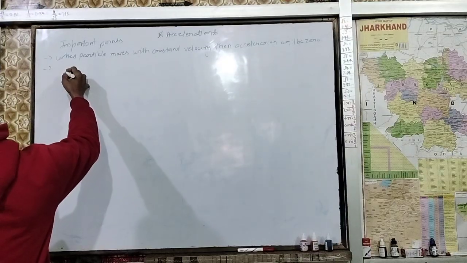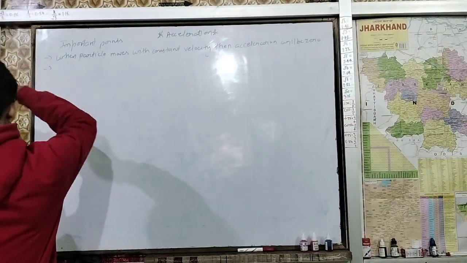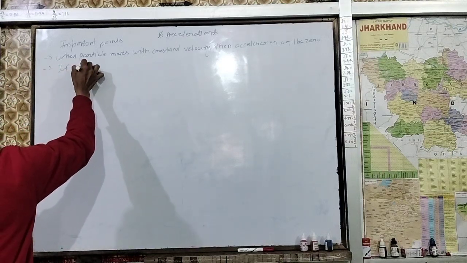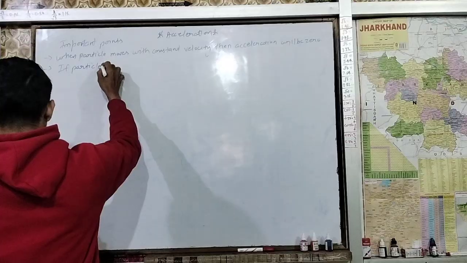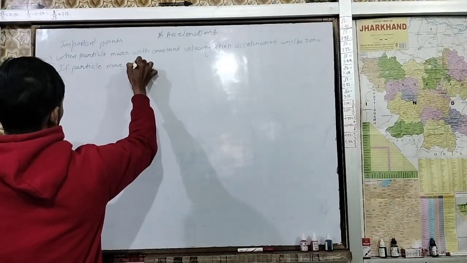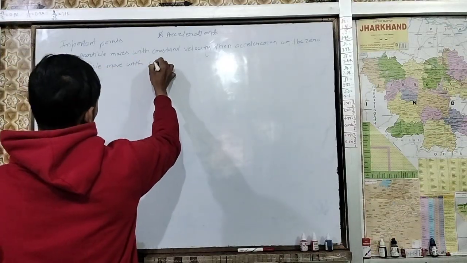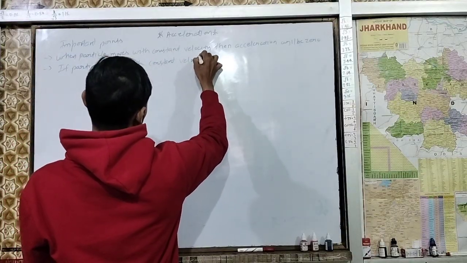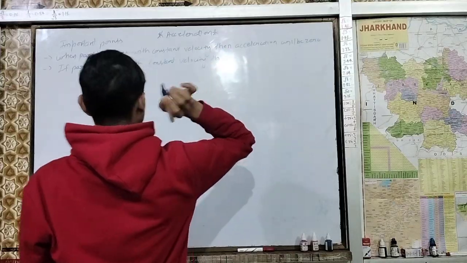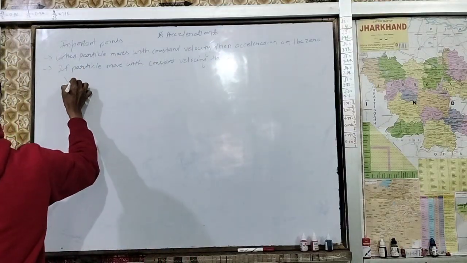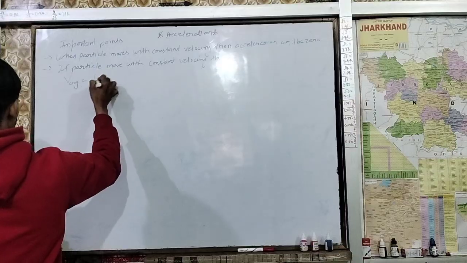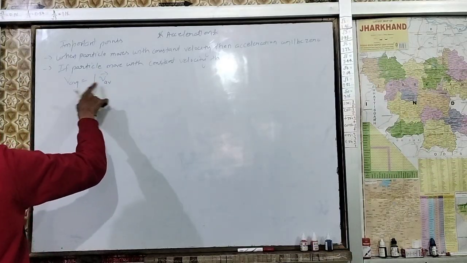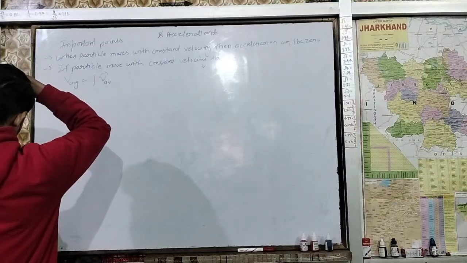Next we have, if a particle moves with a constant velocity, then speed will be equal to mode of average velocity. We are talking about speed and velocity, average velocity.